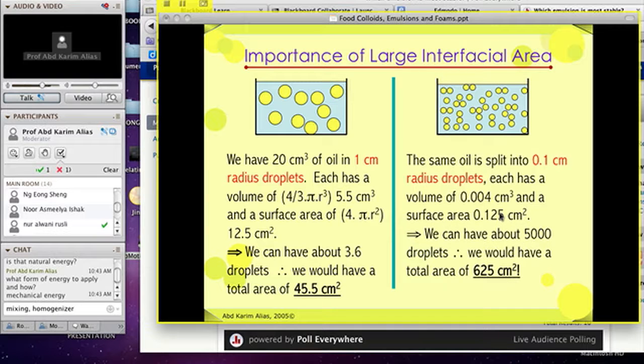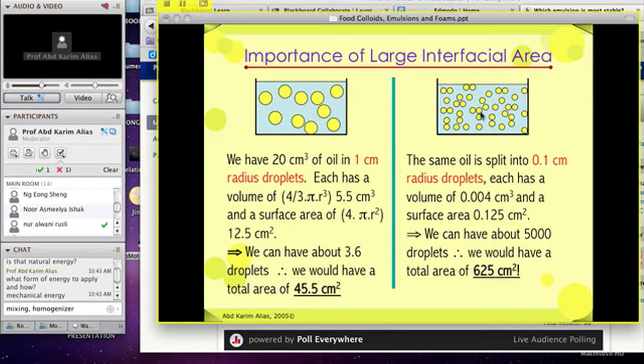But if we use a high-speed mixer or high-speed homogenizer, we can break up the droplets into an even smaller size. Now each one would have a mean diameter of 0.1 cm, a volume of 0.004 cubic cm, and a surface area of 0.125.